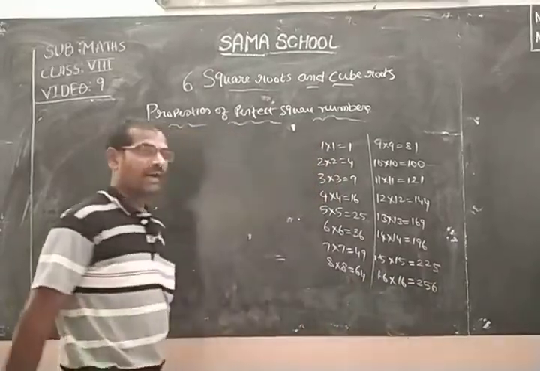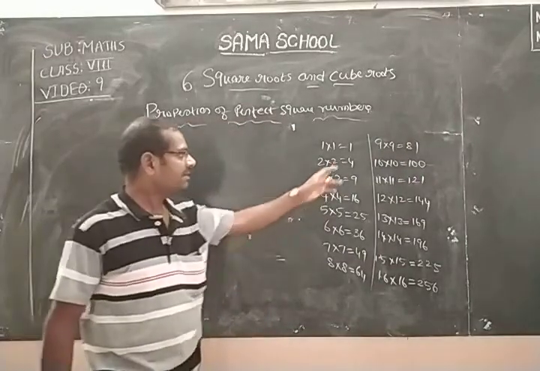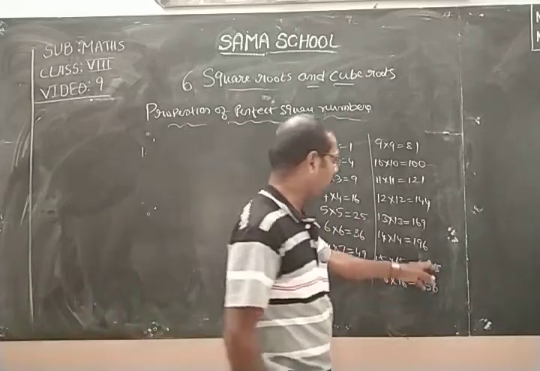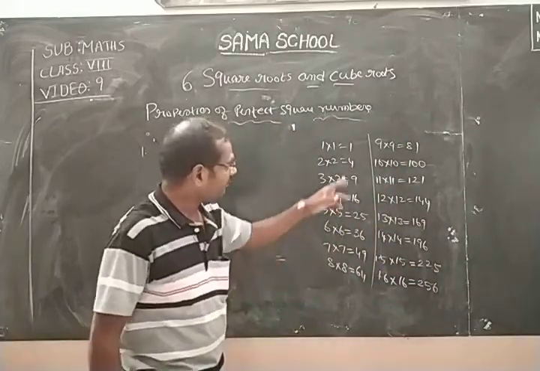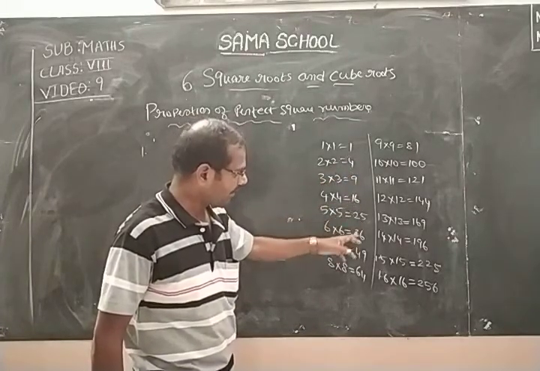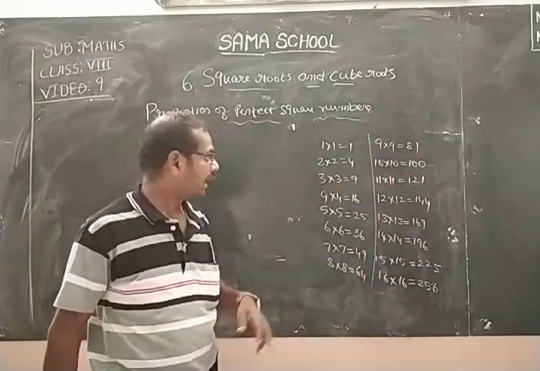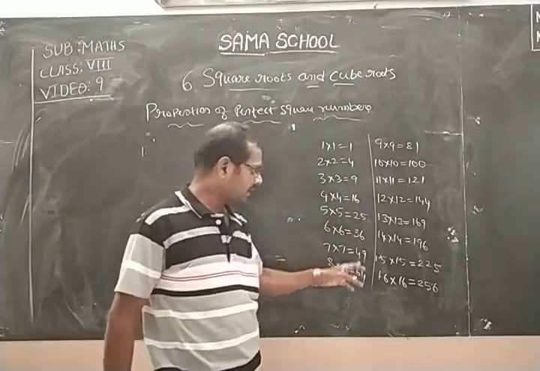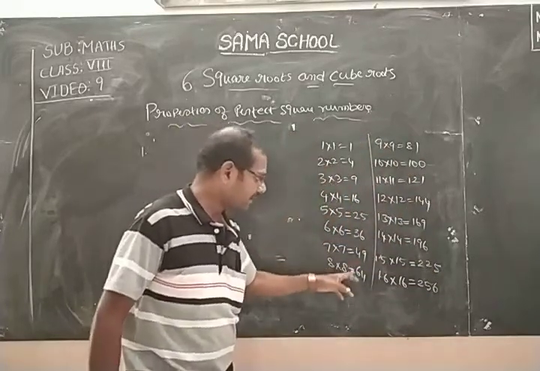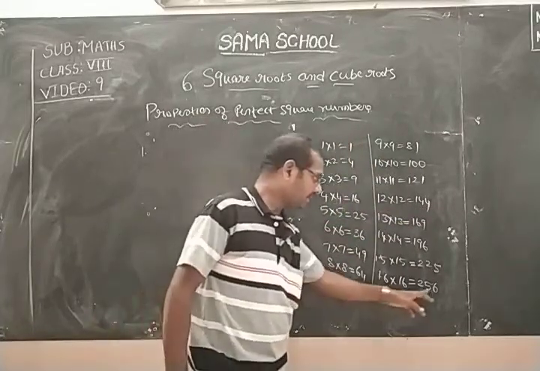Like that. When you observe all of these results, which we call perfect square numbers, in the unit place, did 2 appear? No, 2 did not appear in the unit place. Observe clearly. 3 is also not appeared. 7 is also not appeared. 8 is also not appeared here.